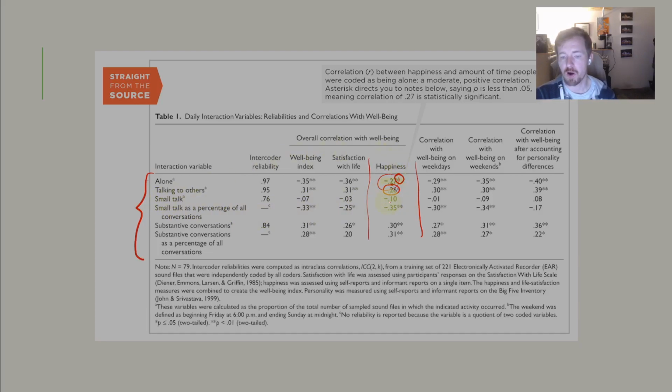So it looks like people are less happy when they engage in small talk. But we actually can't say that because it is not statistically significant. We don't have those little asterisks showing that these researchers ran their data through some tests to determine whether or not it was statistically significant. So we'd say that that probably doesn't matter. It doesn't matter if you engage in small talk or not, that it doesn't seem to affect happiness.